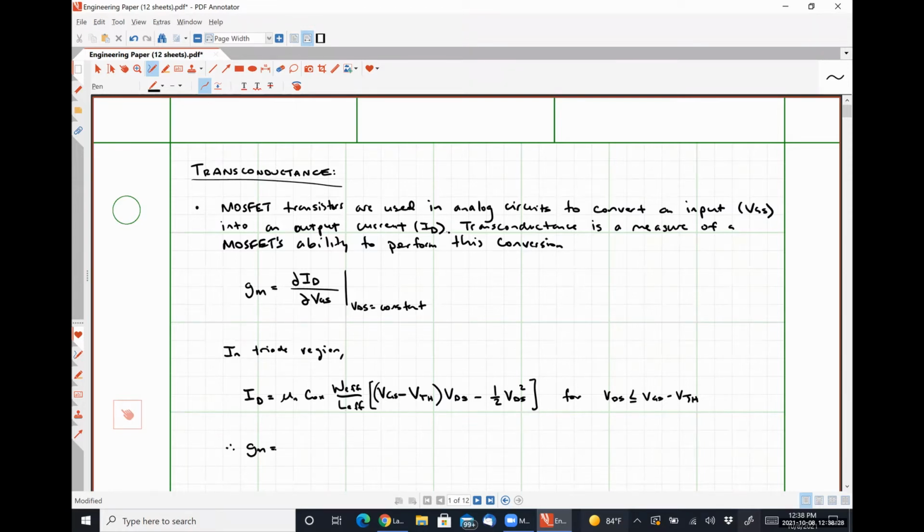When we take the derivative, this VDS is going to go away, and then we have that same constant term multiplied by 1/2 VDS squared, so that whole thing is going to go away. All we're left with in the triode region is mu n C ox W effective over L effective times VGS minus VTH.